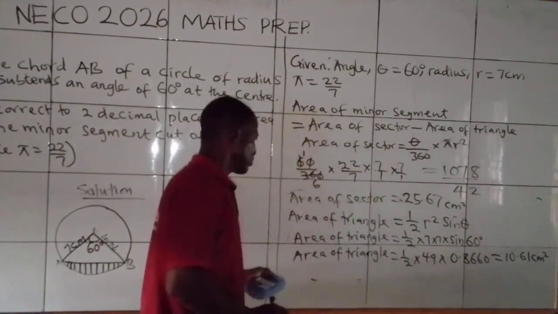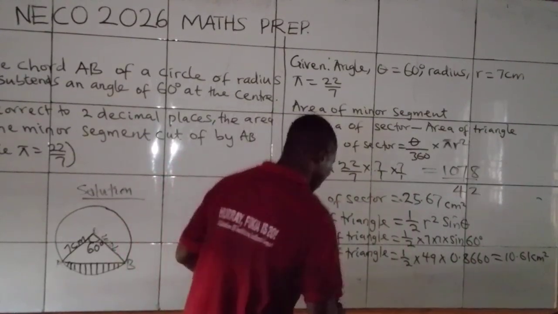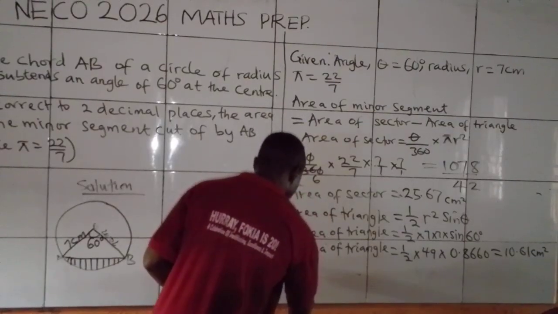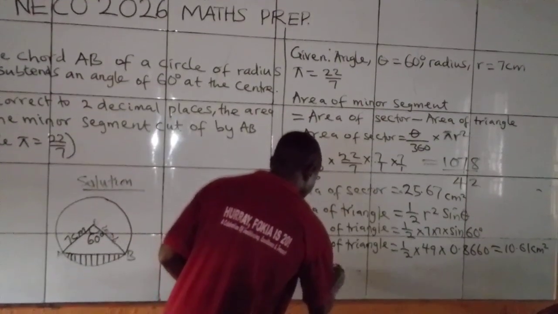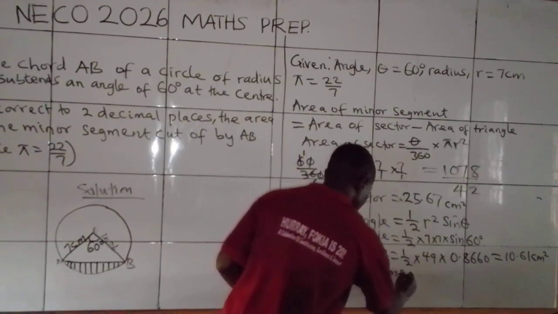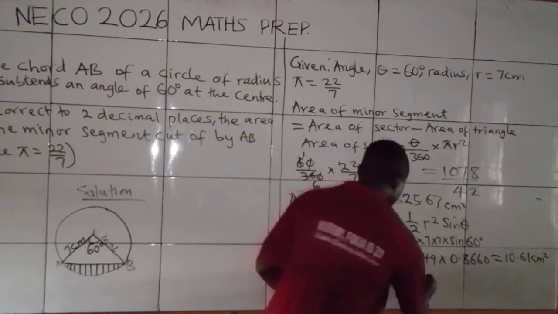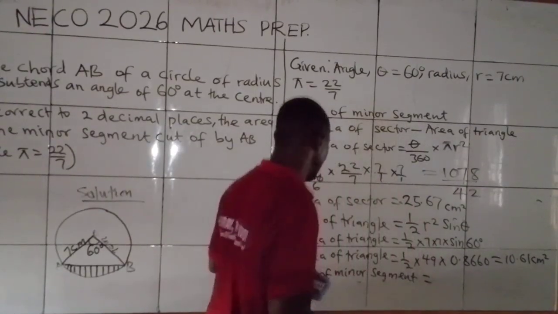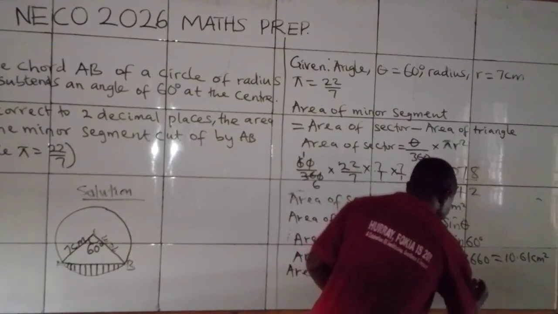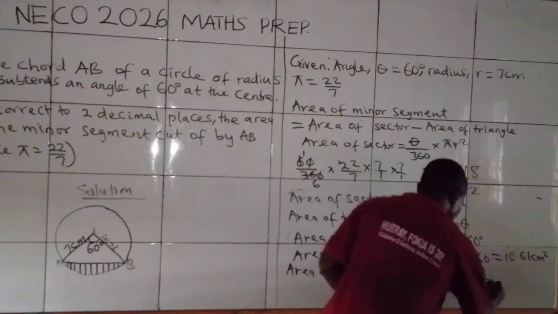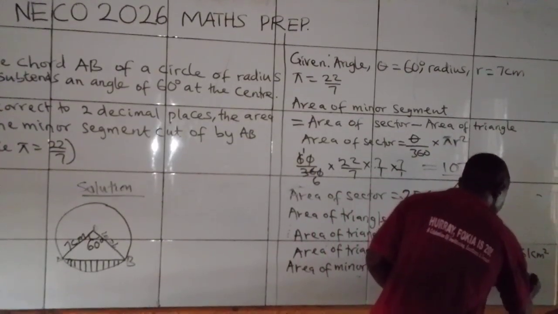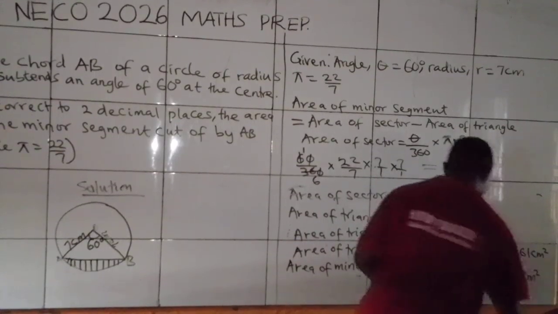Now we now have the area of minor segment. Area of minor segment is equal to 25.67 centimeter square minus 10.61 centimeter square.